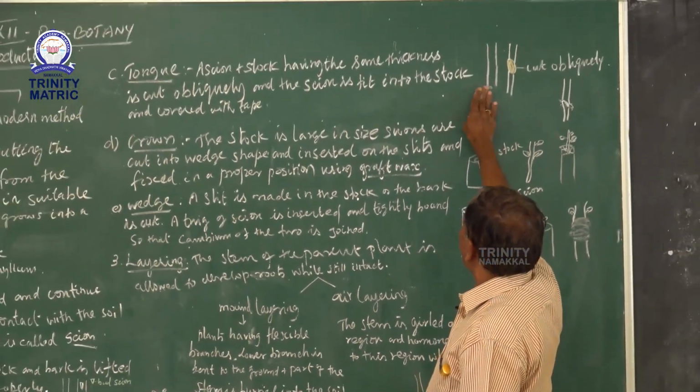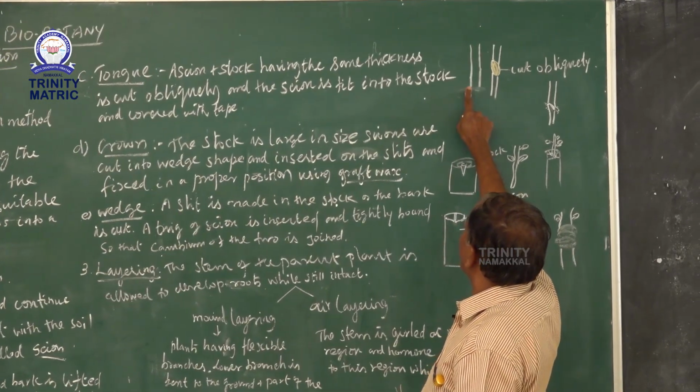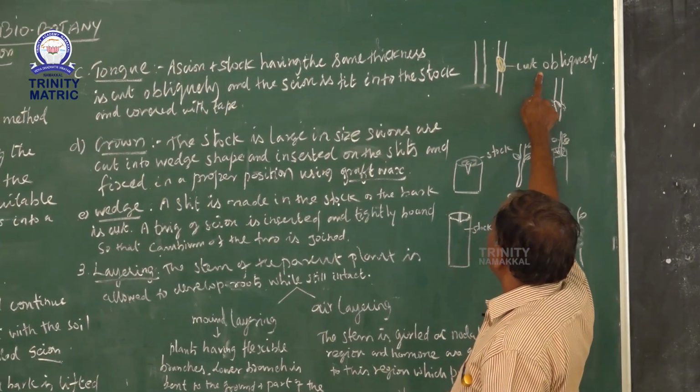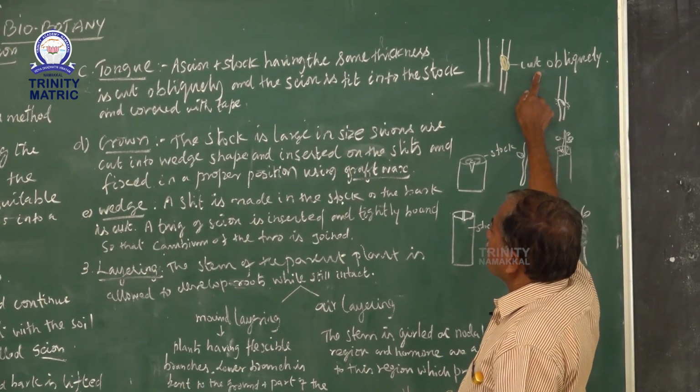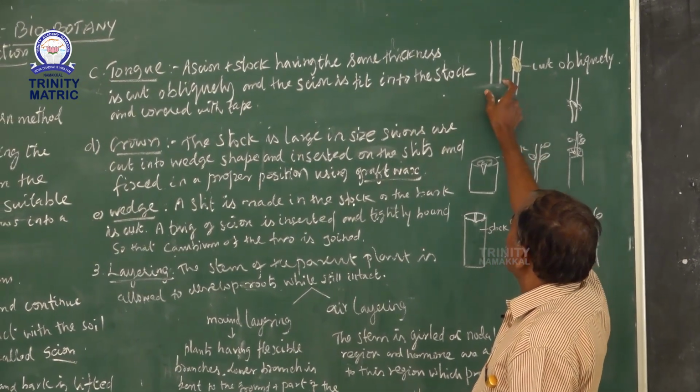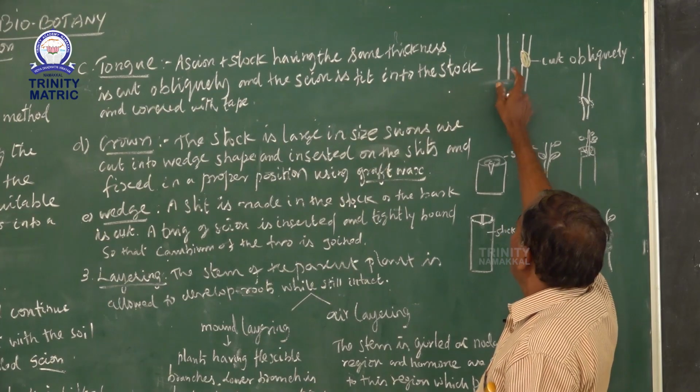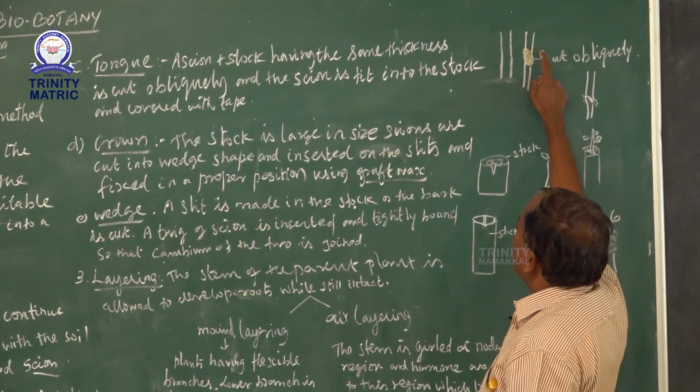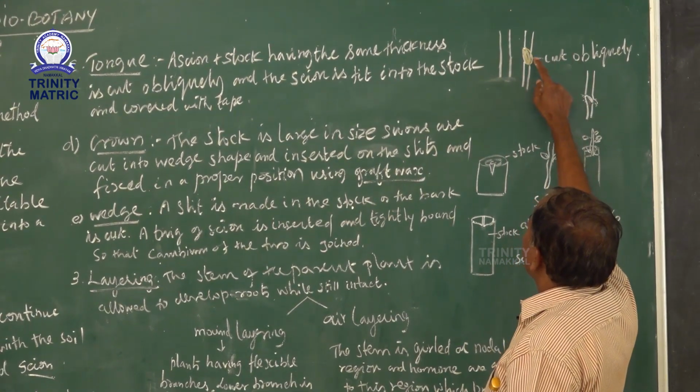So take a stalk, and this stalk is cut obliquely. The stalk of the plant has the same thickness, and is cut obliquely. So this is the same method.